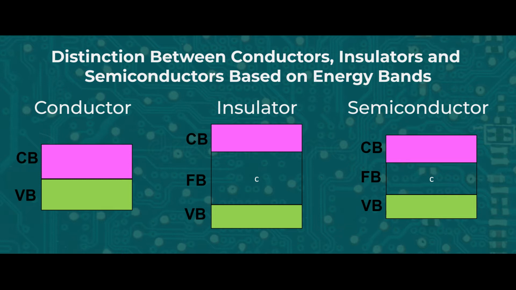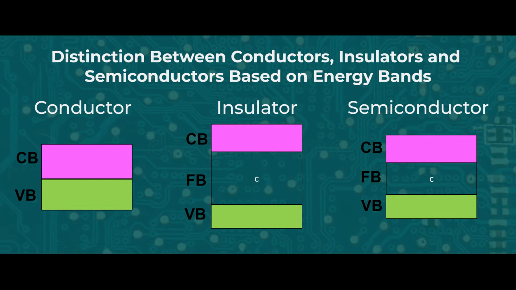Yes, they have differences. If you look at the diagram of conductor, the conduction band and the valence band are lying side by side. That means there is no forbidden gap between the valence band and the conduction band.